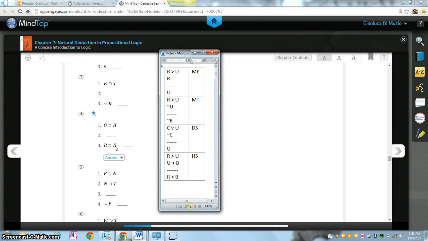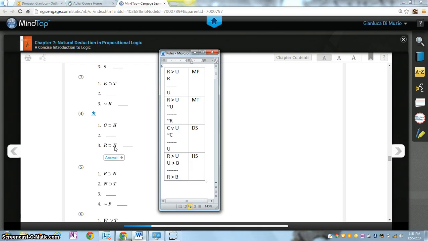Okay, so here the consequent is H and the antecedent is R. So your second line here must have been a conditional that had R as the antecedent and C as the consequent, because that way you have if R then C, which you put here on line 2, and if C then H, that entails if R then H.